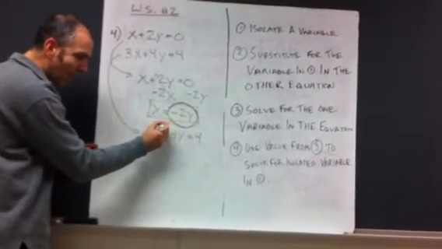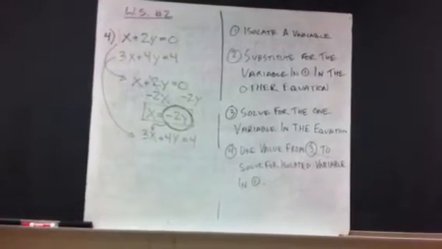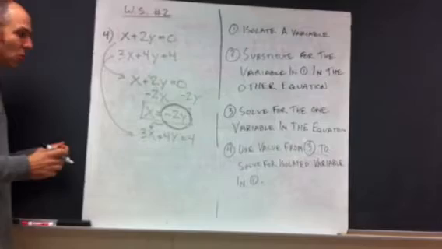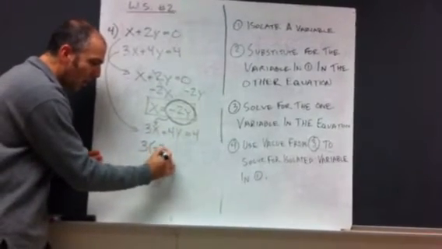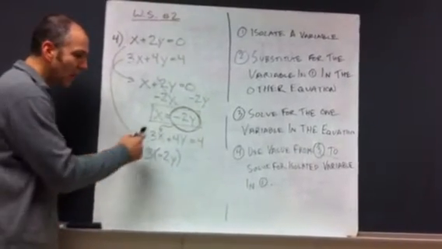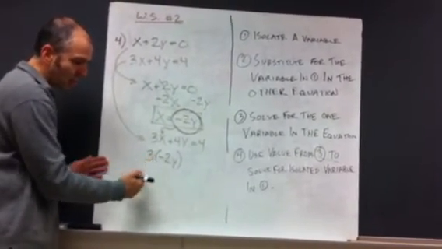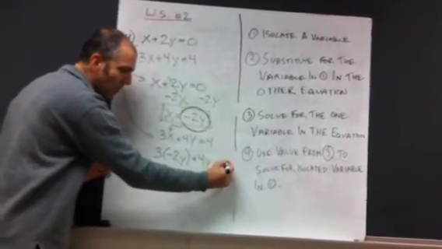So I'm going to put that right in place of that x. We're substituting. That's why this method is called substitution. So instead of 3x, it's 3 times whatever x is. You see that? 3 times x, that's 3 times x. That's the same thing. Plus 4y equals 4.